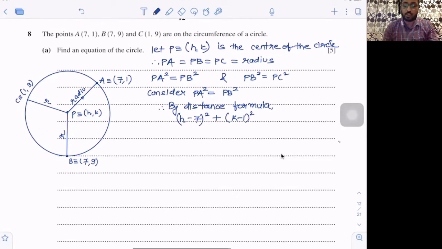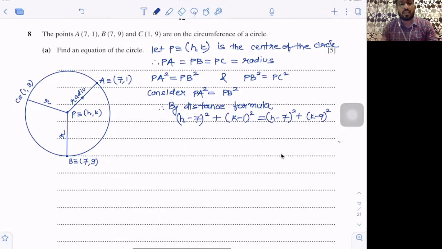That's the value of PA square. This would become equal to PB square, which is (h minus 7) the whole square plus (k minus 9) the whole square, right, students?